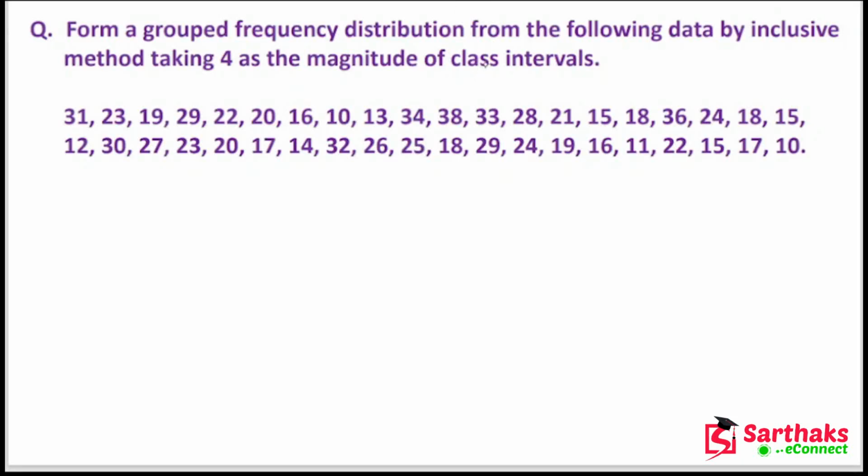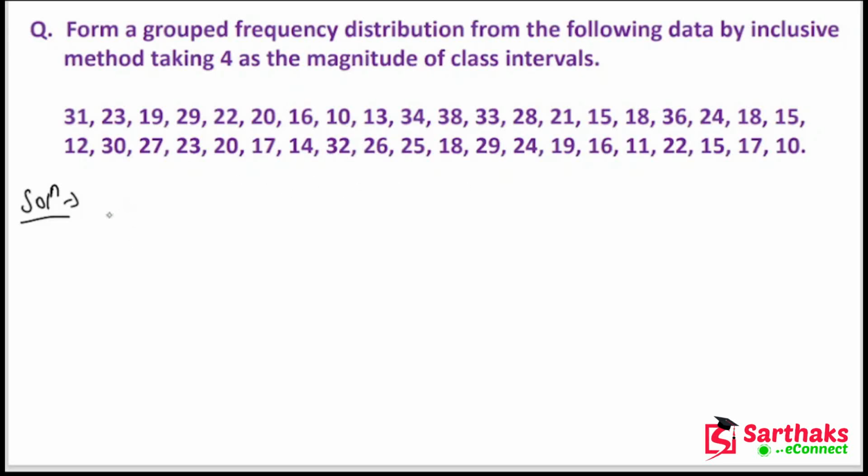But we have to form the table using the inclusive method. We are choosing the inclusive method; that is not a compulsion. You can use the exclusive method also. Most students prefer the exclusive method because it gives a sense of continuity, so you do not make mistakes in writing the intervals.